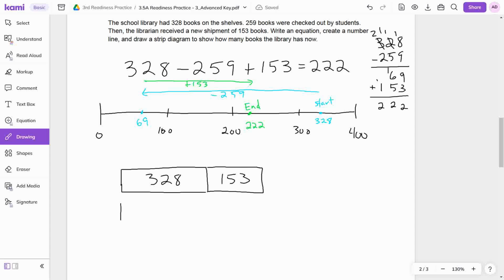Then I'm going to compare that with my 259, right? And then what I'm missing here is going to be that missing number, and that's going to end up being that 222. So those are three ways that we can show that the library now has 222 books.